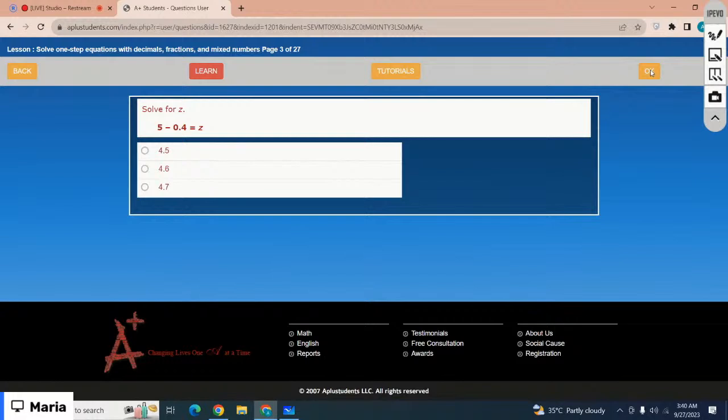The correct option is 5 minus 0.4 is obviously 4.6.